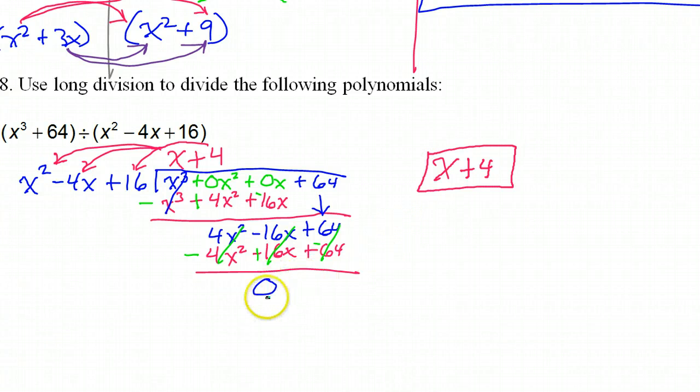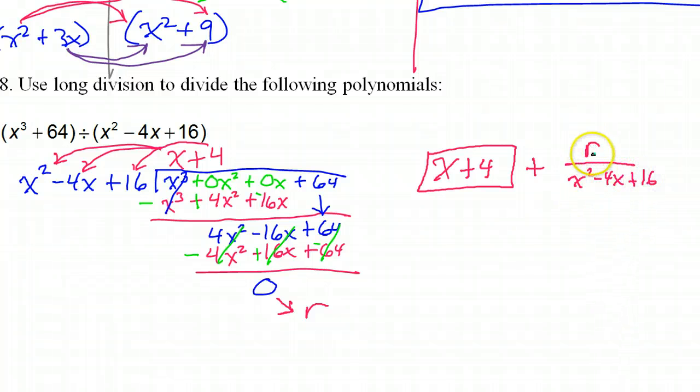Okay, please understand that if this had been some remainder, I'm just going to call it r for a moment, then I would have done plus r over, and I would have written all of this, x squared minus 4x plus 16. That's what you do when there's a remainder. So if this had been a 5, I would have put 5 over this and added it on. Alright, but there was no remainder, so that's it.